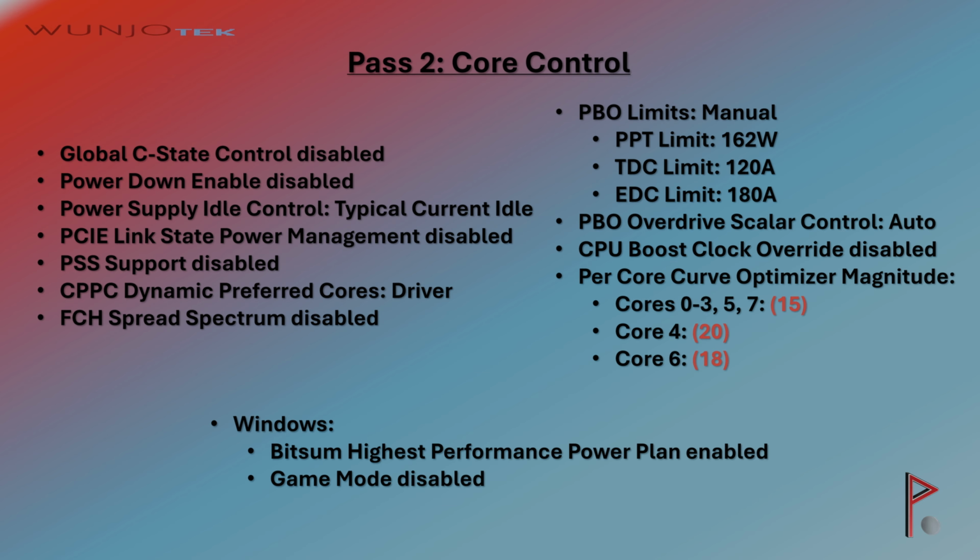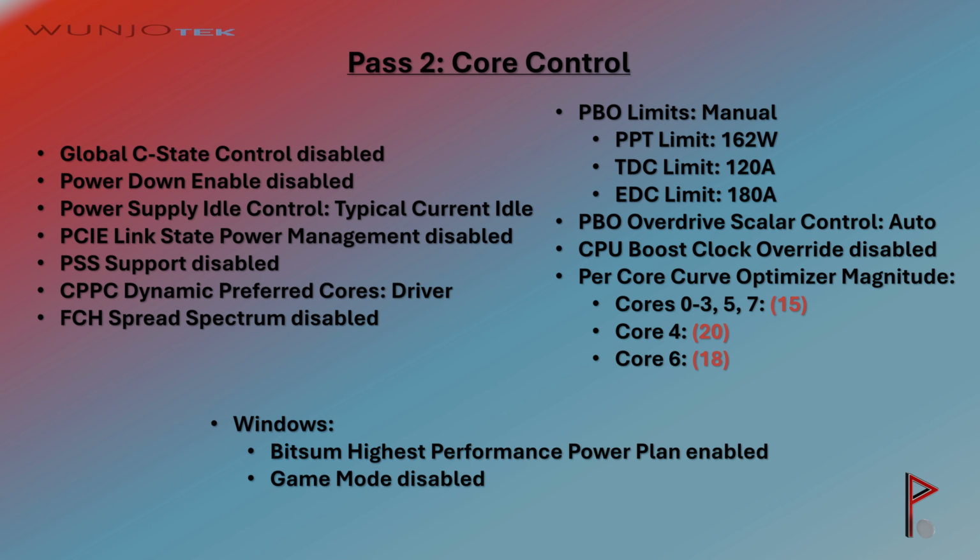And CPPC can see, with my tuning, that my best cores are already my most efficient ones. Setting the preferred cores to drivers should help with this as well, so I don't need any further foreground biasing or thread migration hints from my OS. My prior preferences have made game mode redundant. It can only cause confusion on my setup.